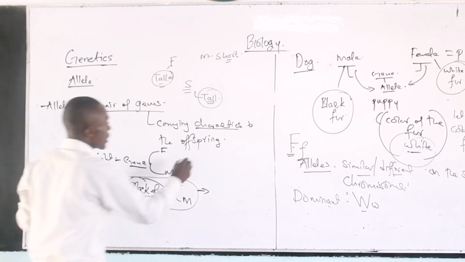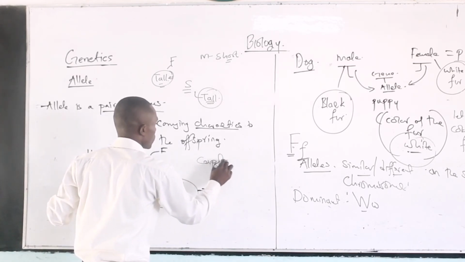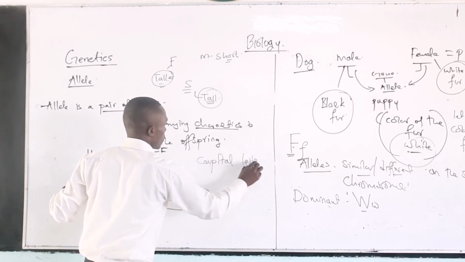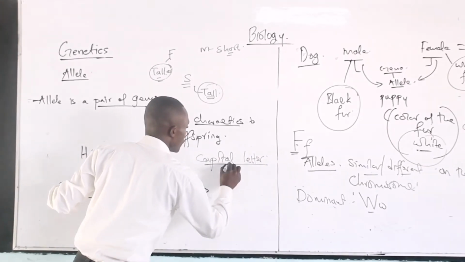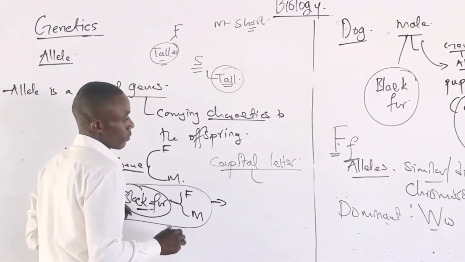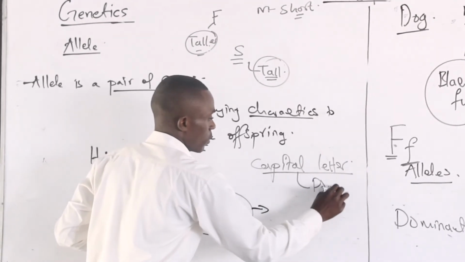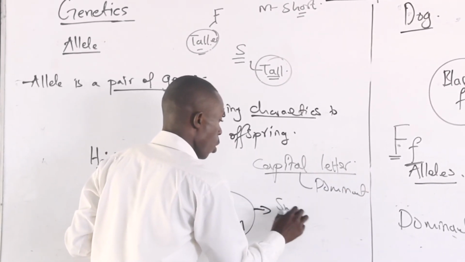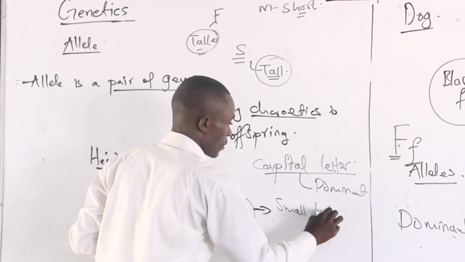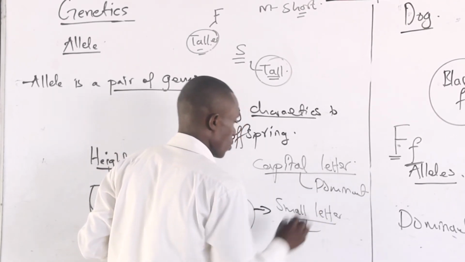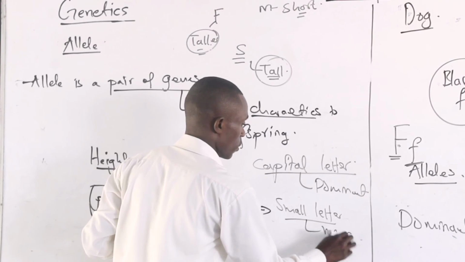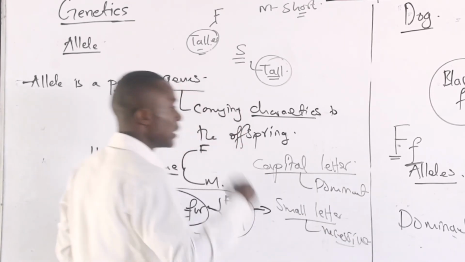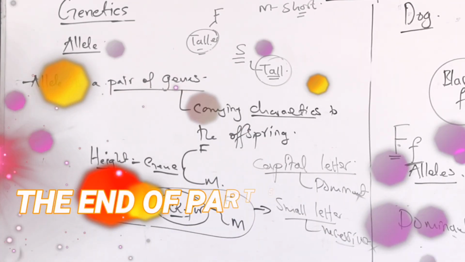We normally use capital letters for dominant genes or alleles, then use small letters for a gene which is recessive. We're going to see this in depth in our next lesson when we meet next time.